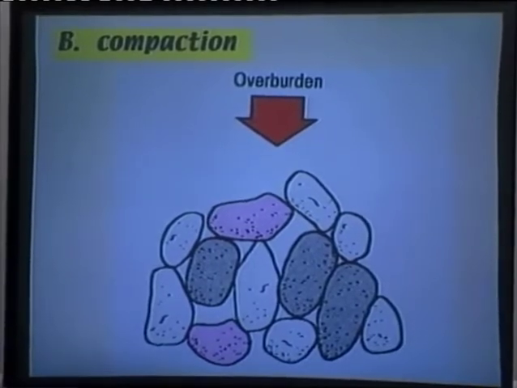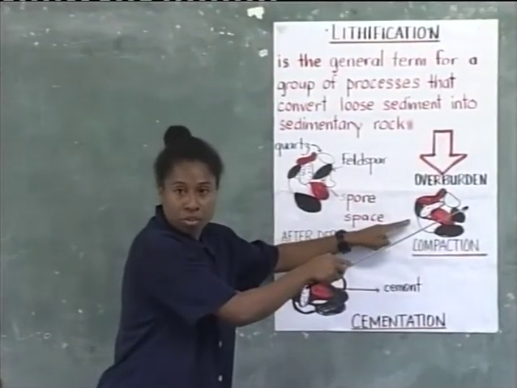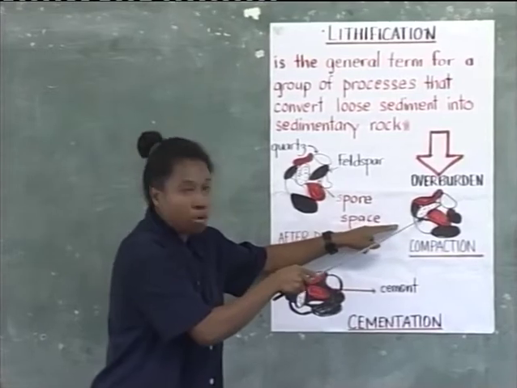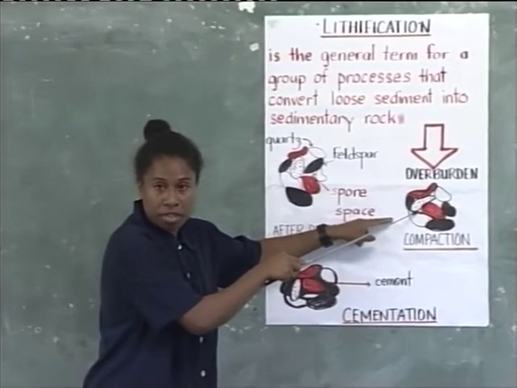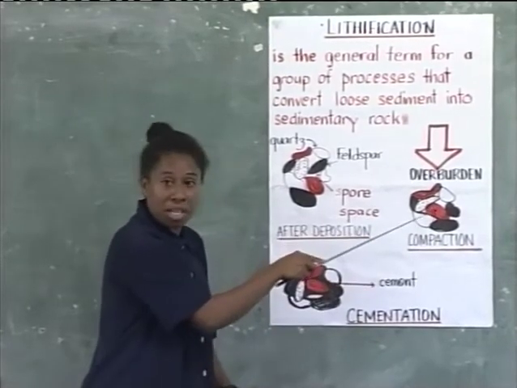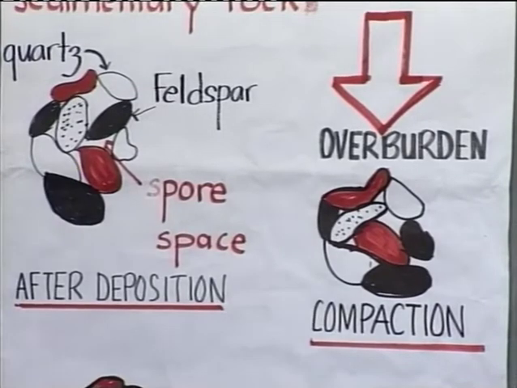When compaction takes place, note, what will happen in compaction is that the pore space will be reduced. Excess water which is accumulated within the pore space is also removed. This is when we say the process of compaction of those sediments has taken place. But that's not all.